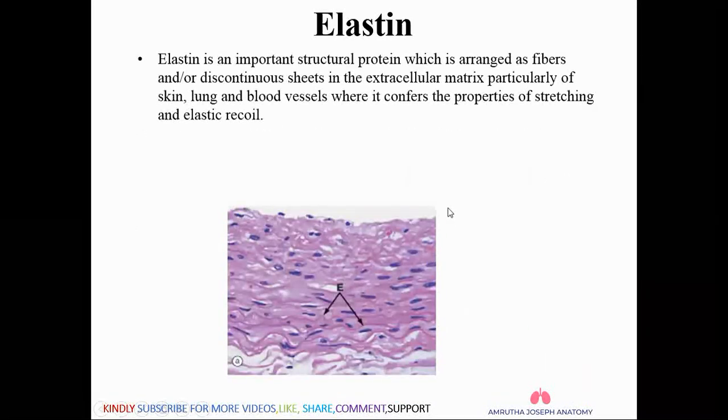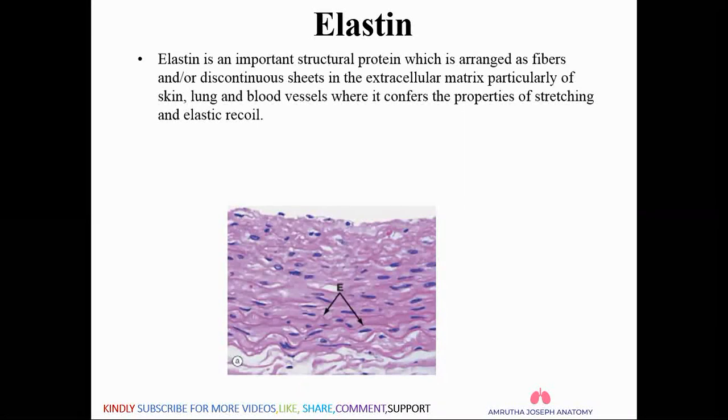The next fiber that you can see here is elastin. Elastin is a structural protein arranged as fibers, which can form a continuous sheet. So it looks like a sheet. It can be a continuous sheet or a discontinuous sheet. It is seen in skin, lung and blood vessels, where it has the property of stretching and elastic recoil. Wherever a tissue needs stretching and elastic recoil, like the ascending aorta.